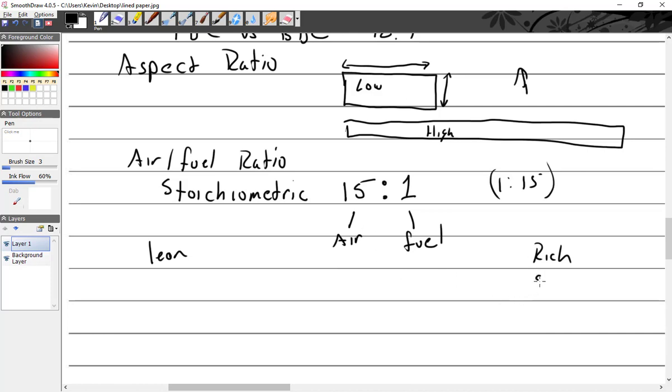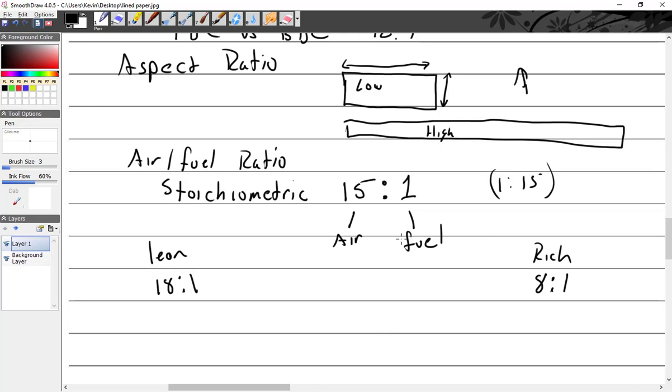Air. So rich should be what, 8 to 1? And lean is 18 to 1. It'll still burn through that whole range, right? But I like this because I can see that. I can go, okay, 18 to 1, 15 to 1, 8 to 1. And if I said, oh, I'm running 12 to 1, am I a little rich or a little lean? I'm on this side, a little rich.